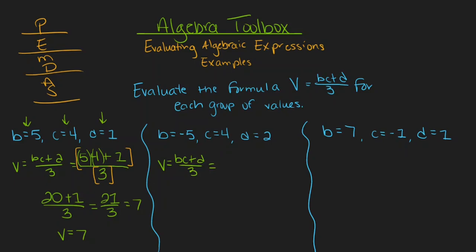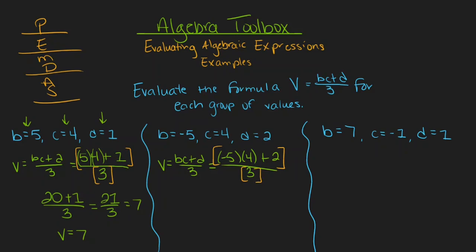And now I'm going to replace the B with a -5, the C with a 4, and again I've used parentheses around these to show the multiplication between B and C, and then adding the value of D all over 3. Just like last time, we have to pay attention to the fact that the numerator and denominator are each technically their own groups, so we'll have to simplify the numerator first.